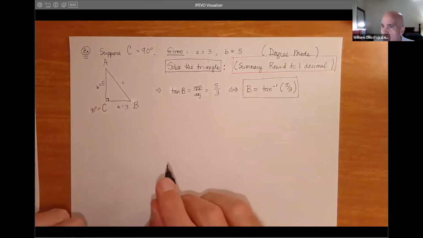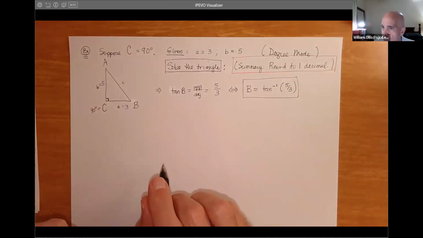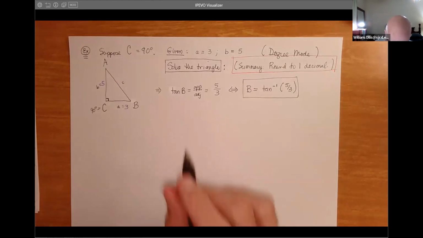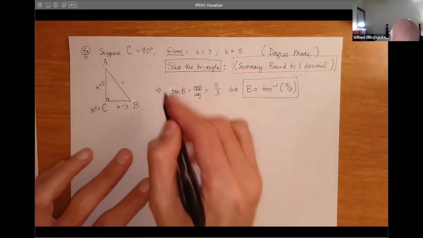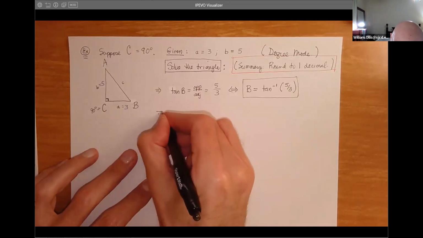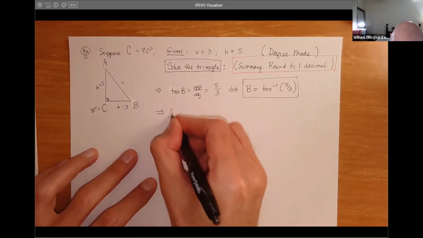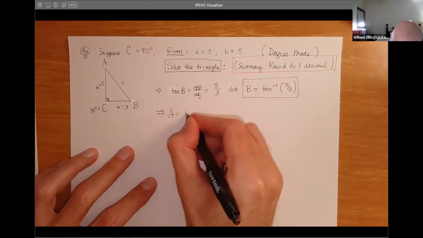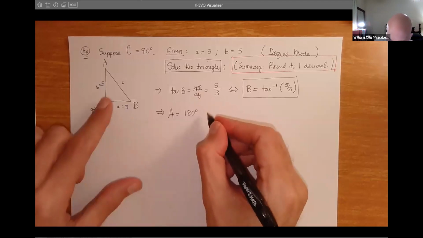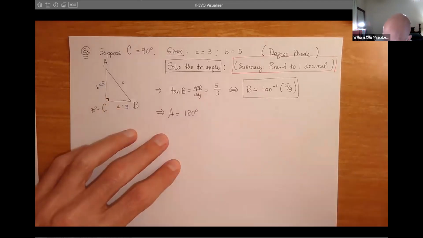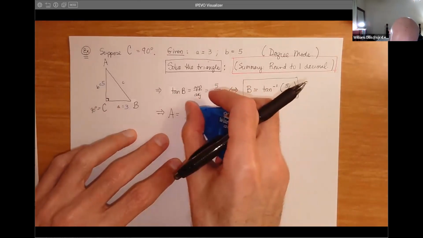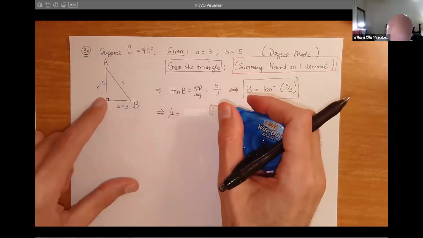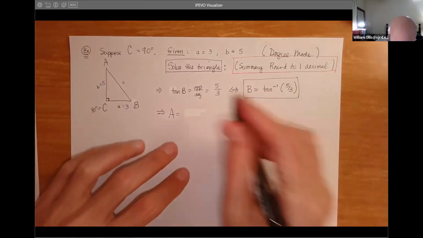And don't you wish that the generic triangles were this simple? This is very easy. Now angle A: these are complementary, so we won't do too much work, just forget the 90 degrees, though you could write it down if you want.